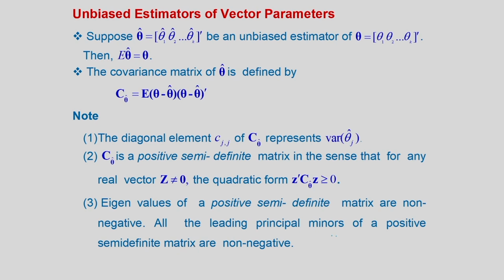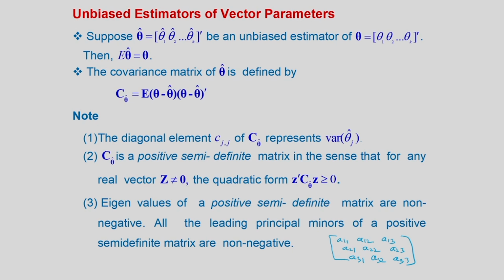Suppose I have a matrix like this: A11, A12, A13, A21, A22, A23, A31, A32, A33. Now, we have to consider all leading principal minors, that means we consider from the left-hand side. The first minor will be A11, which should be greater than or equal to 0.